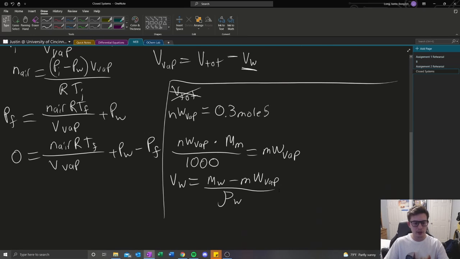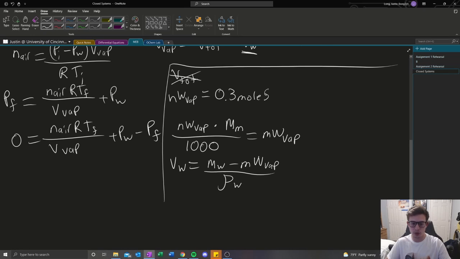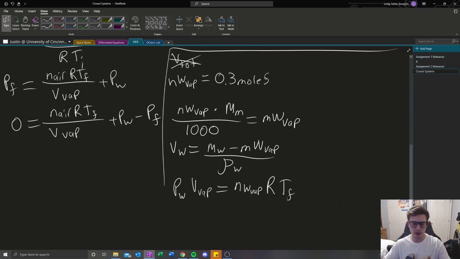Now that we know that, we input these new values into the ideal gas law. So we've got the pressure of water times the volume of the vapor, set equal to the number of moles of the water vapor multiplied by the gas constant, and since we want the final temperature, we use the final temperature.